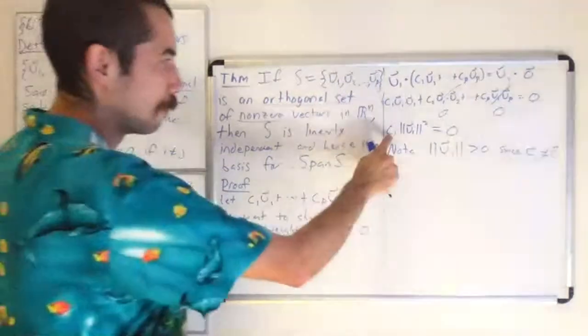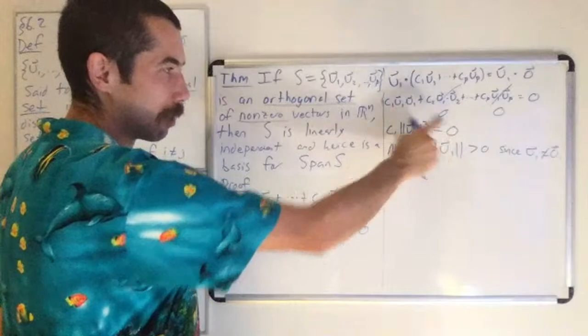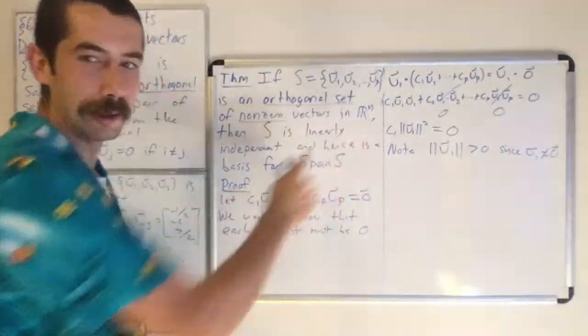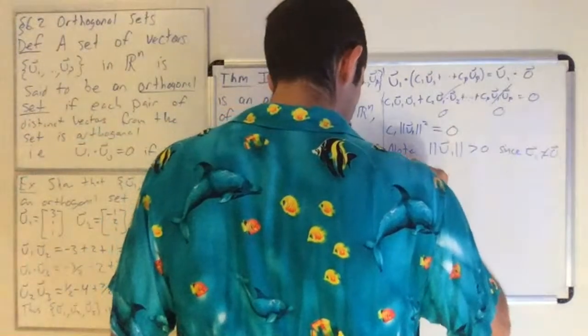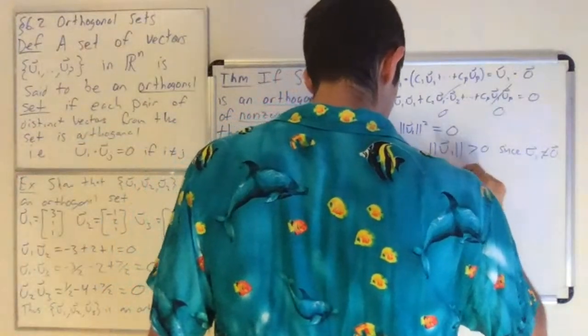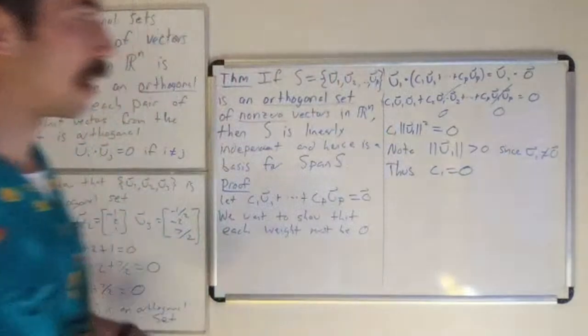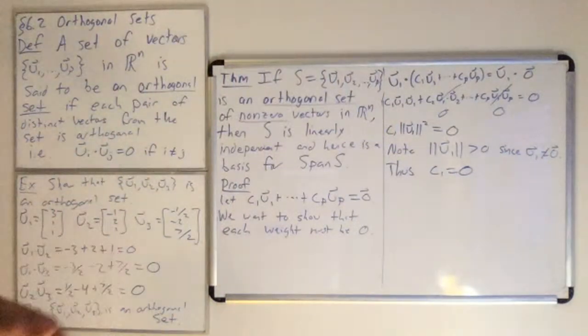Right, so we have a number times a positive number equals 0. We can conclude that c1 has to be 0. And then a similar argument holds for c2 up through cp.